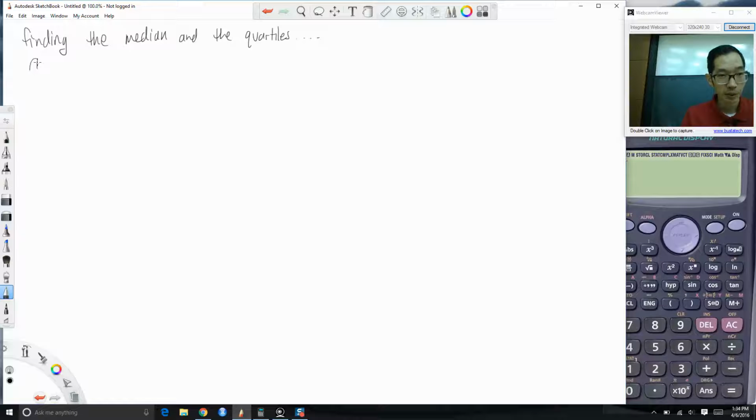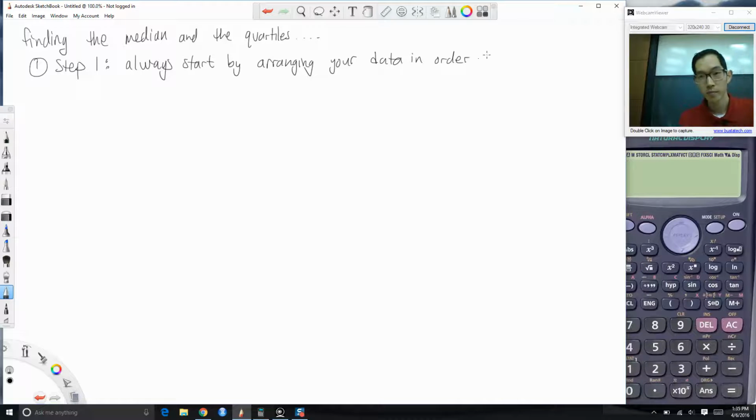I'm going to just write this. Step 1, and this is the most important step, is always start by arranging your data in order from least to greatest. This is a very important step.